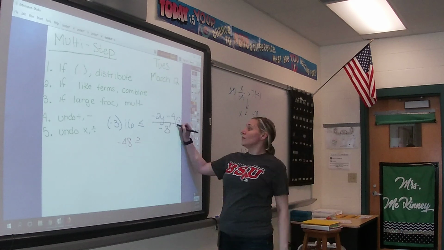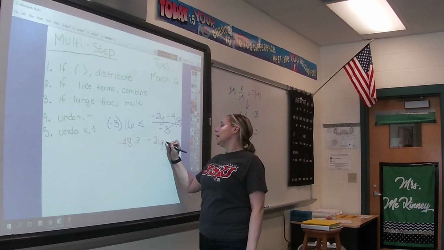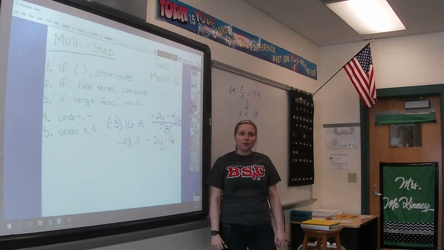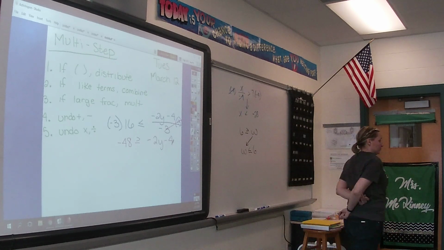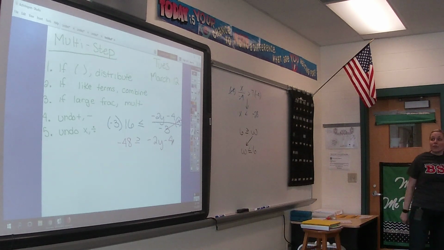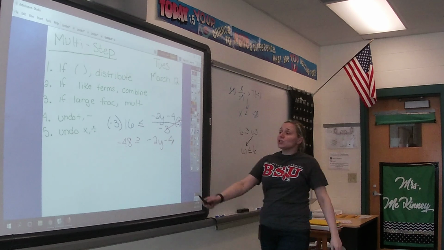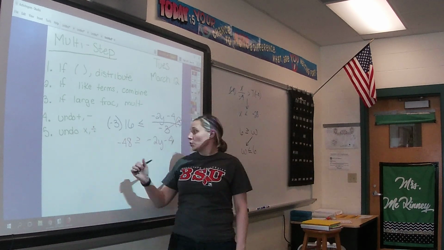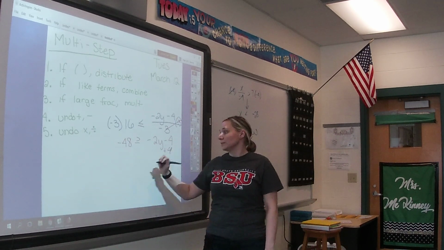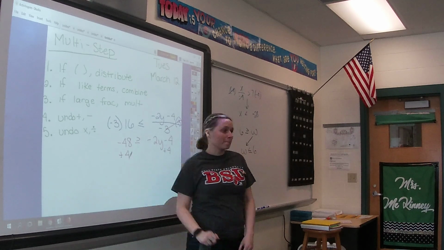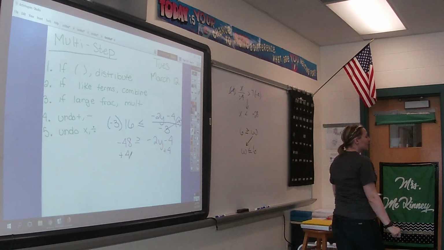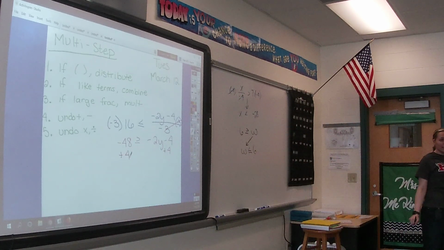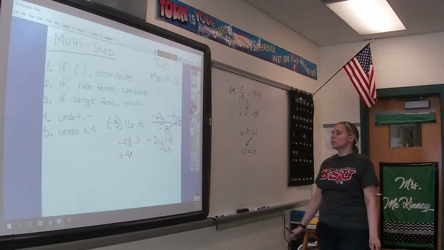Okay, over here we have negative 2y minus 4 left. Then we're going to undo any addition or subtraction. So we are going to add the 4. Is adding 4 a reason to flip the inequality sign? Nope.